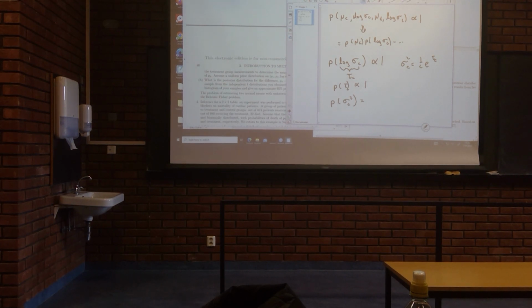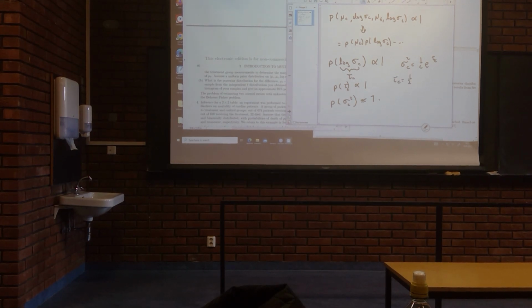To get the distribution for sigma c squared, we insert into the distribution for tau, which up to proportionality is just 1. But then we have to take the derivative of the transformation, so tau c can also be written as 1/2 log sigma c squared.